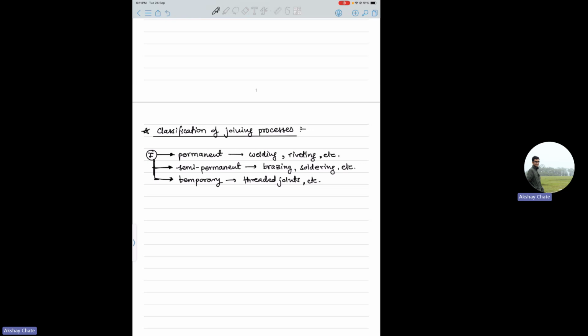First is based on autogeneous, homogeneous, heterogeneous.